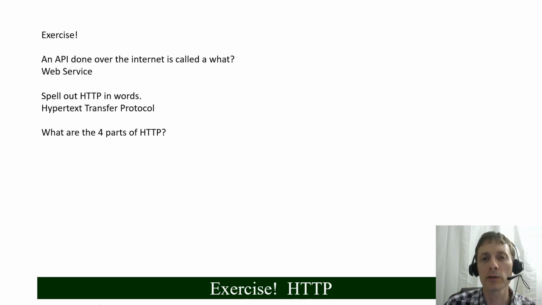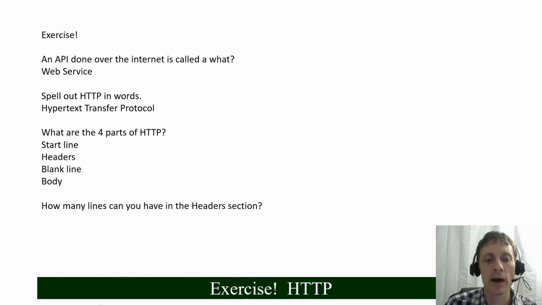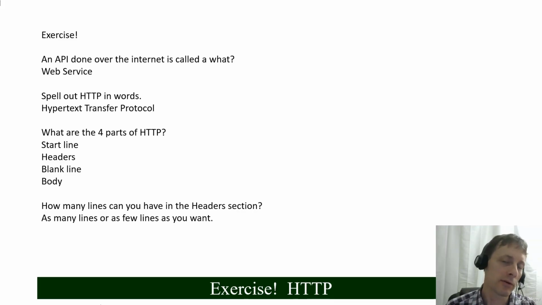What are the four parts of HTTP? The start line, headers, blank line, and body. Last, how many lines can you have in the headers section? As few or as many as you want, from 0 to many.